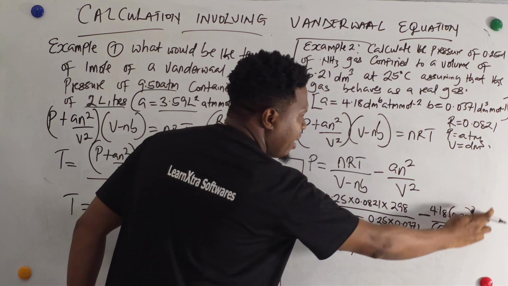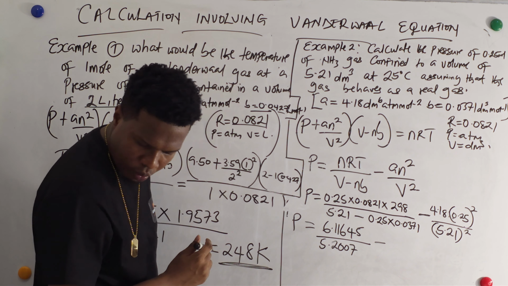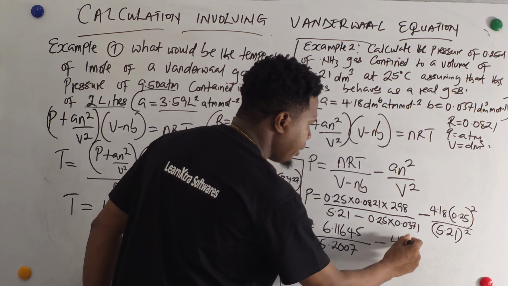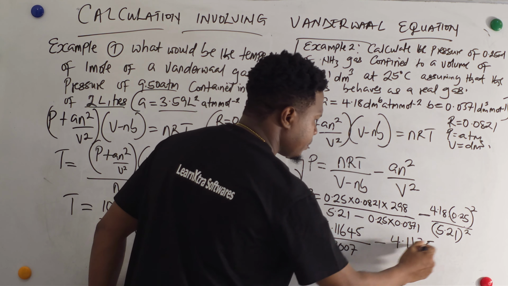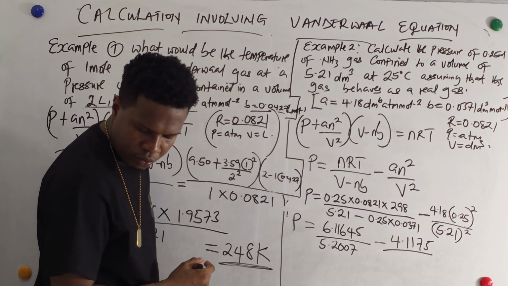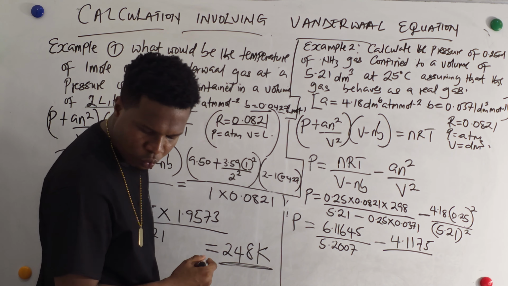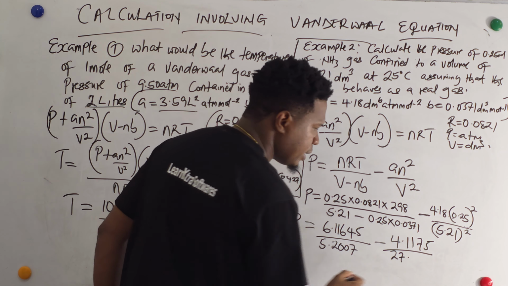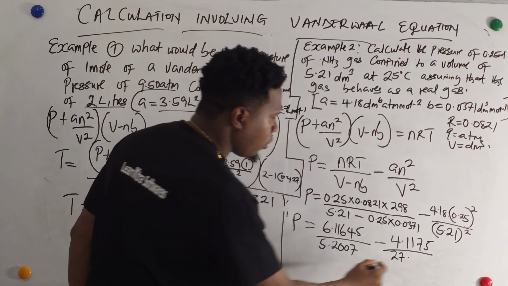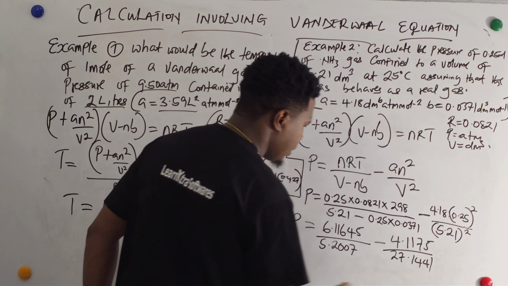Minus, simplify everything here, you will have 4.1175 all over 27.144, which is this squared.